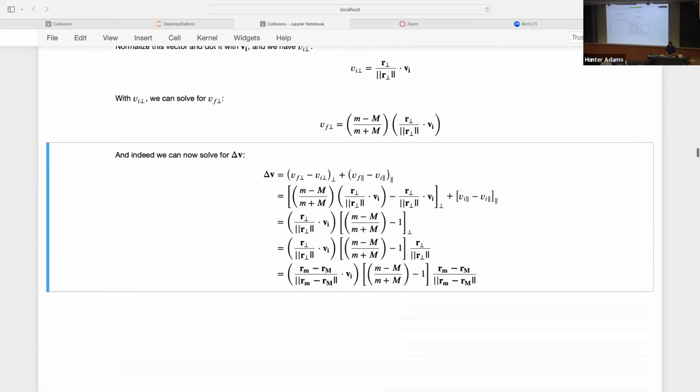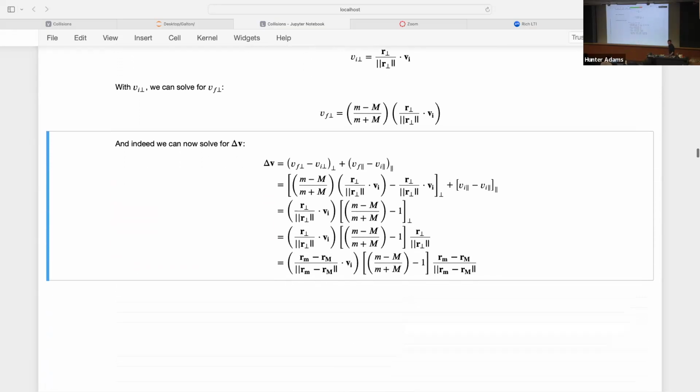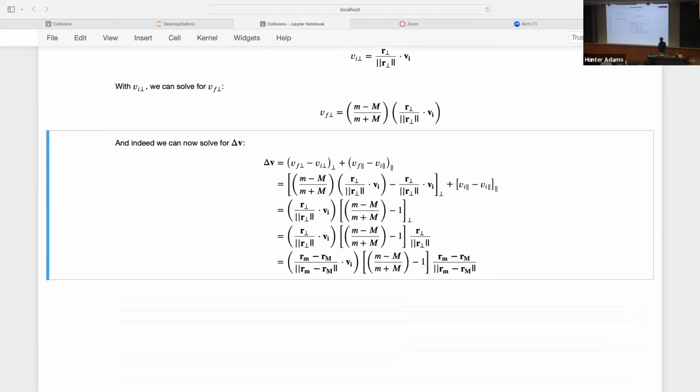And I wanted to mention too, because this connects to your pseudocode, it can be convenient for making, say, animations of this, instead of solving for the final velocity after the collision, sometimes it's handy to solve for the change in velocity as a consequence of the collision, which is easily enough done. The change in velocity is the final after the collision minus the initial before the collision.